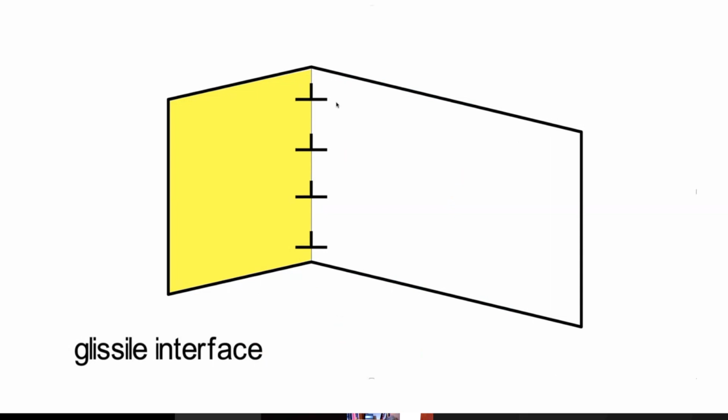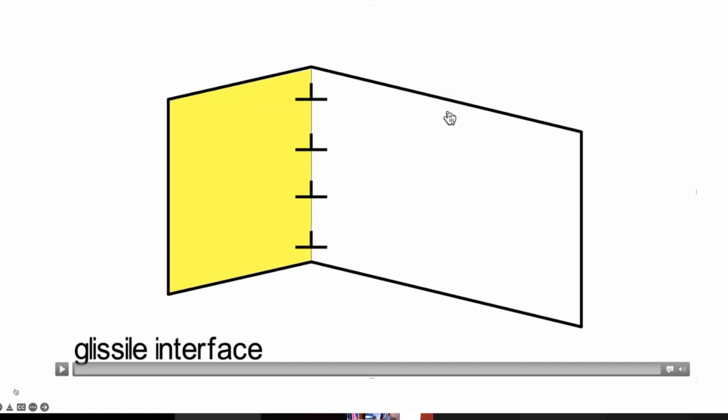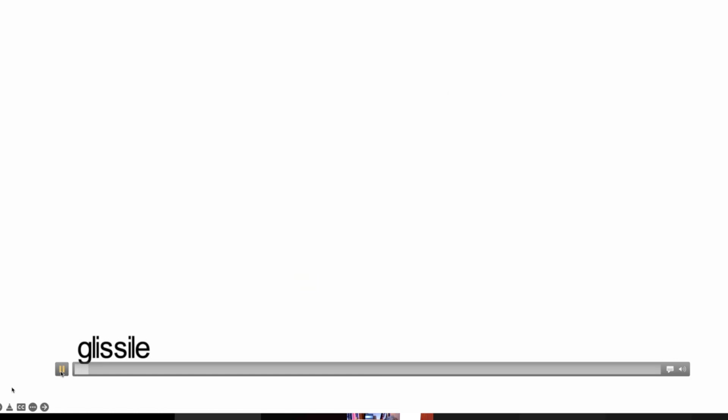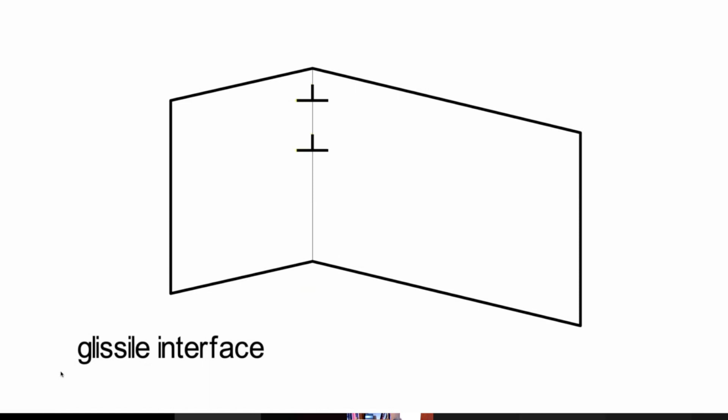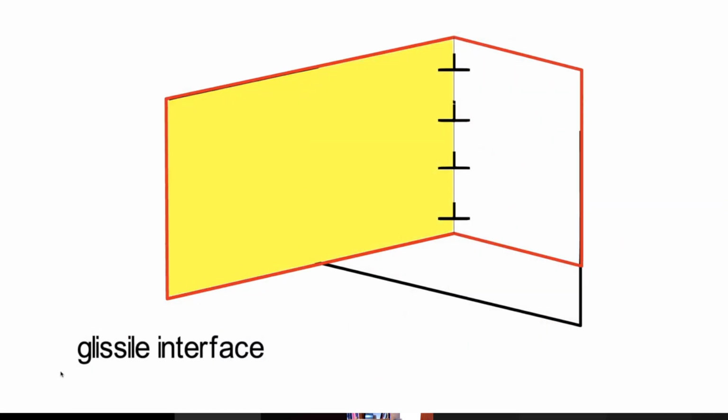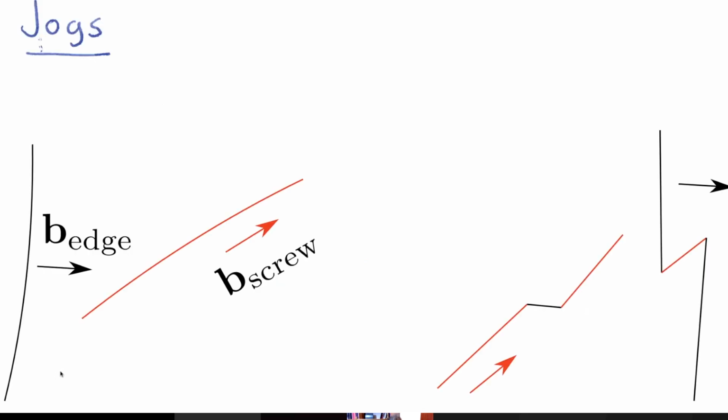This is a glissile interface, and when it moves, you will see that it changes the shape of the parent product. Okay. This is now moved to a different position, and you can see that the overall shape of the bicrystal has changed as a consequence of the deformation. Okay, so that's a glissile interface.